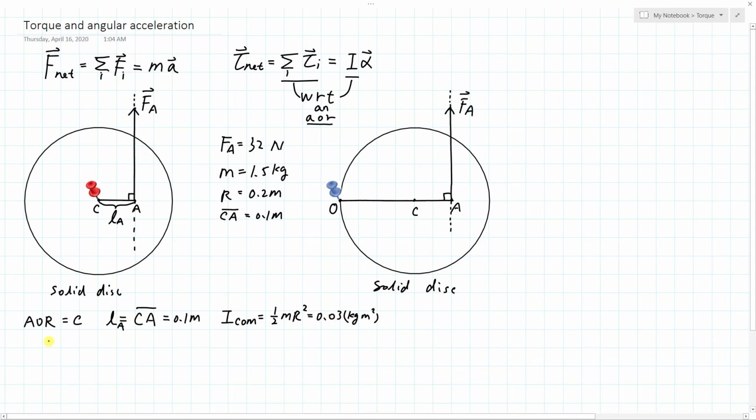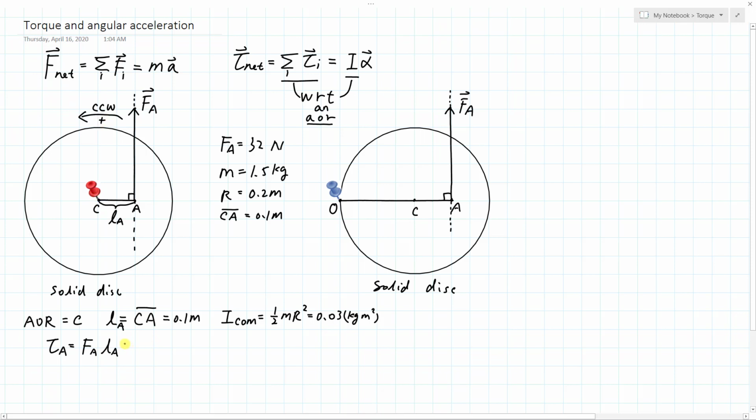We can calculate the torque. So torque from A is equal to this force A times its lever arm. And it is positive because imagine the force is pulling this way, and it'll cause the disc to rotate counterclockwise around the center of this axis of rotation where it's pinned. So the counterclockwise rotation is positive.